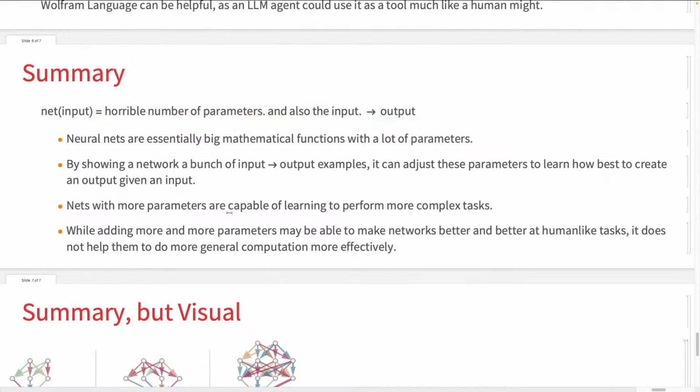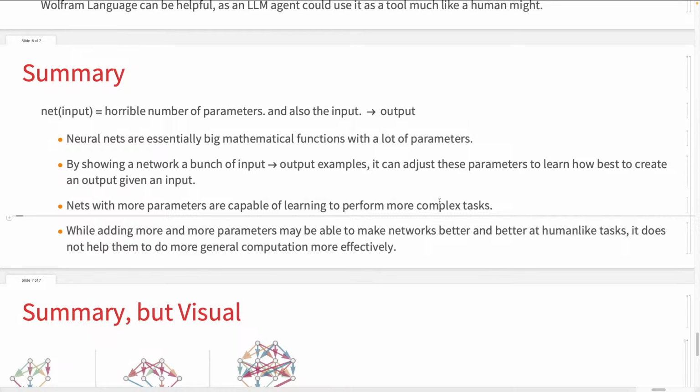So nets with more parameters are capable of learning to perform more complex tasks in general. So you can imagine if you have to learn a really complicated function, but you only have 2 numbers to describe it, that might not be enough. Like if you had to learn that step function we had from before, just giving you 2 numbers to play with, that's not enough to learn the step function in terms of just transforming the input into the output. So more parameters means that you can do more.